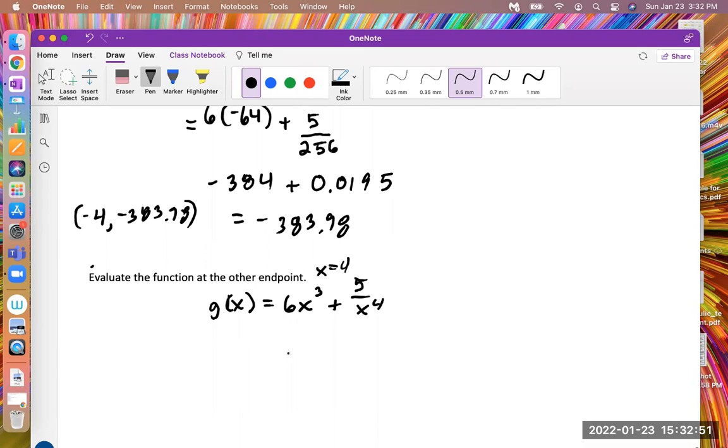So I just plug in 4. I can take a shortcut here though: we saw up here that -4 to the third was -64, so +4 to the third is going to be 64 again, just positive.